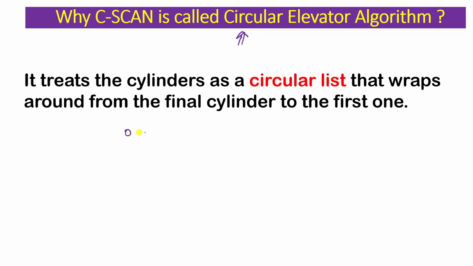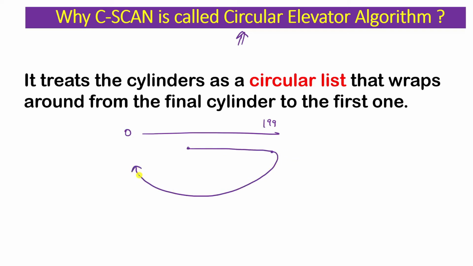Let's say you have cylinders from 0 to 199. We go from here, and then again we come back here without servicing any request, ignoring all the requests this way. Then we start from here again and service all the requests in this direction. Again you come here but do not service any request, and again you start in this direction to service the requests.